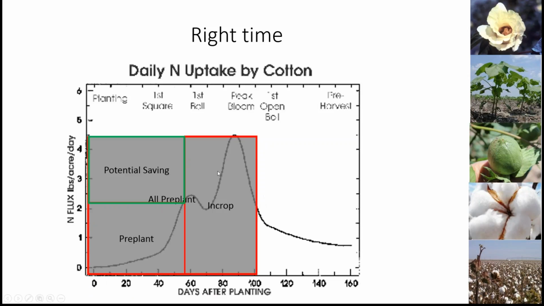And that's the theory of side dressing. In soils where we have low potential for losses because they're well structured, irrigation strategies are very good, and application strategies are very good in the placement of the nitrogen, then the potential savings are probably not a lot.